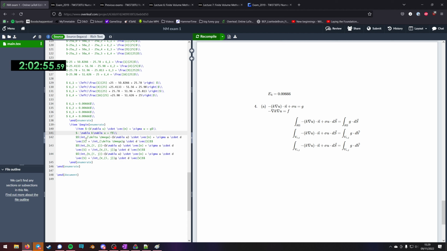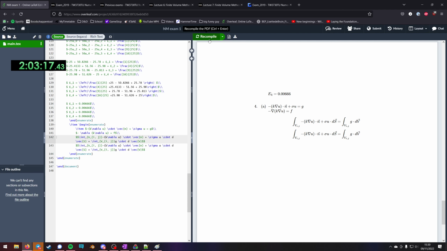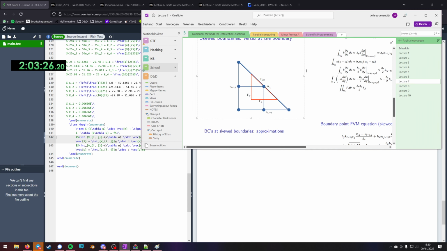So we know this. And we know that the integral over the edges of our small little cell is the same as the integral of the edges of our cell over what? Because you're integrating something.